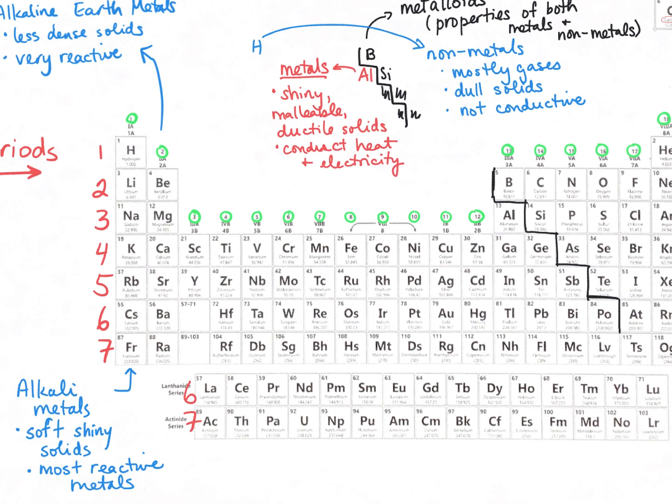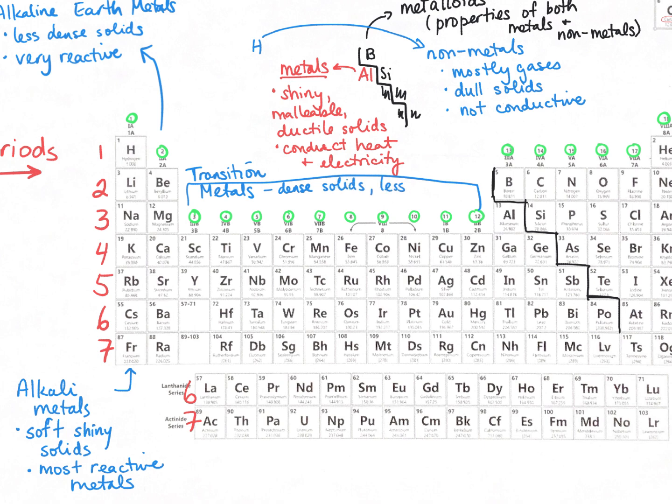The section in the middle of the periodic table here, groups 3 to 12, these are called the transition metals. And transition metals are more dense, so these are dense solids. In terms of reactivity, they're actually less reactive metals.